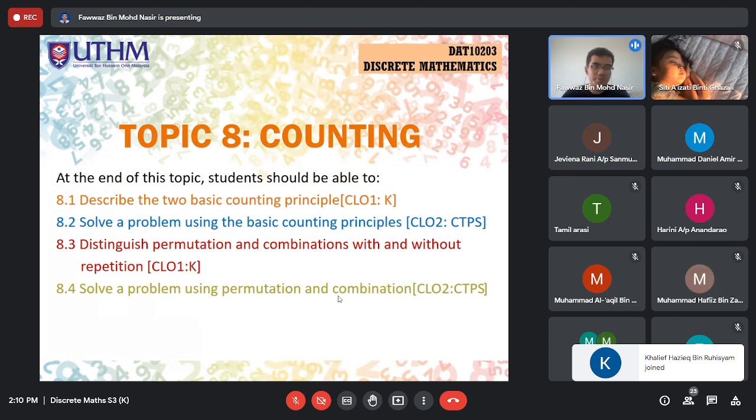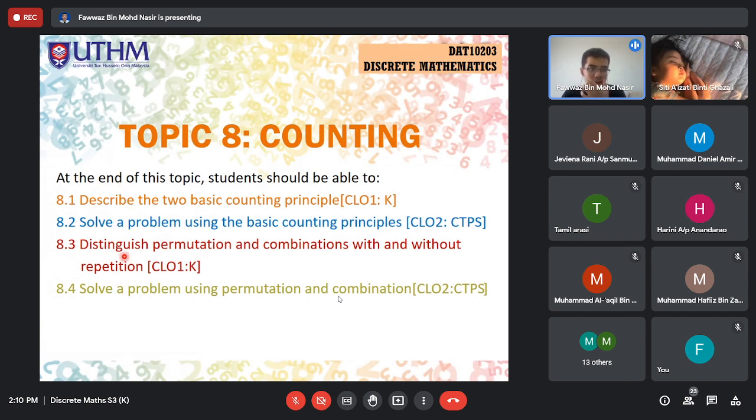So basically untuk topik 8 kita akan cover all these subtopics. Ada 4 subtopics altogether. So the first subtopic is to describe the 2 basic counting principles. So kita akan tengok in detail macam mana nak guna sum rule dengan product rule.